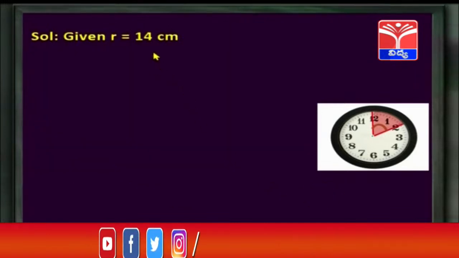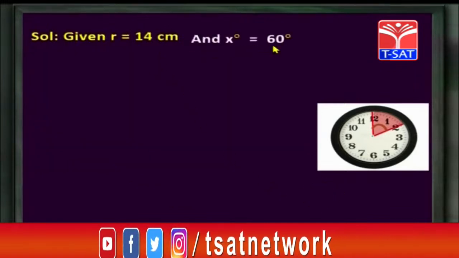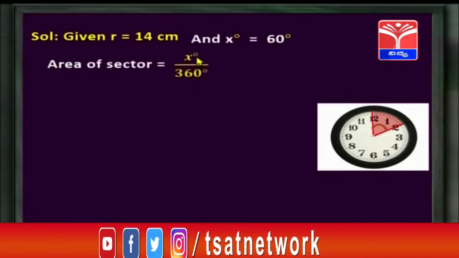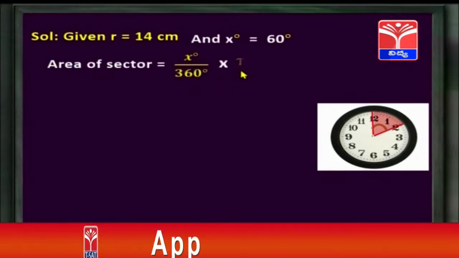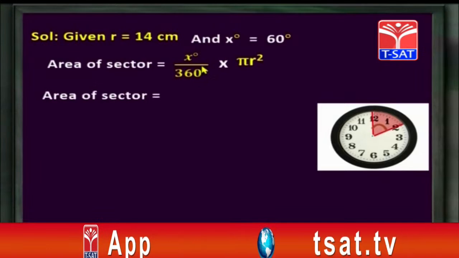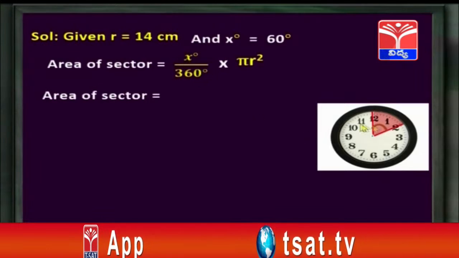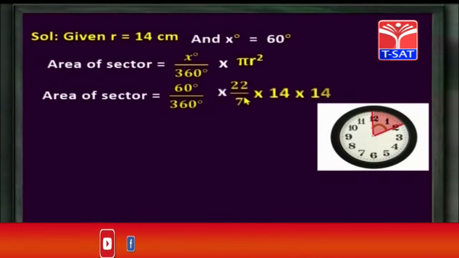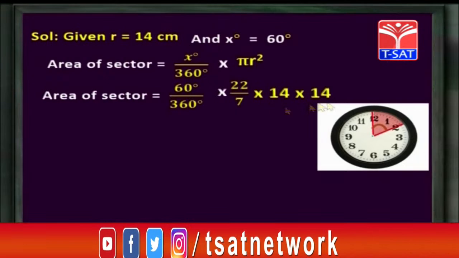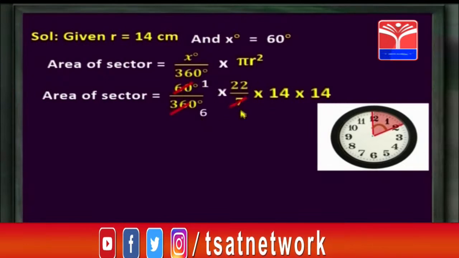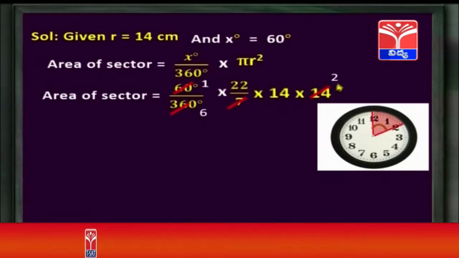Now given r is 14 and x is equal to 60 degrees, area of sector is equal to x by 360 into pi r square, and x is what we got here, 60 degrees. So 60 by 360 into 22 by 7 into 14 into 14. Six ones are six, and seven twos are fourteen.